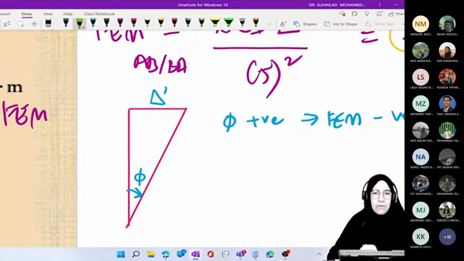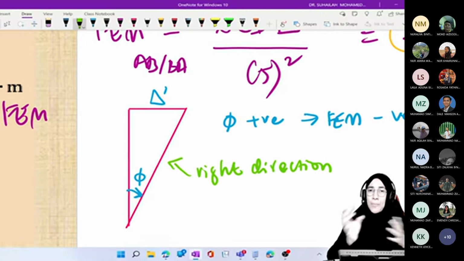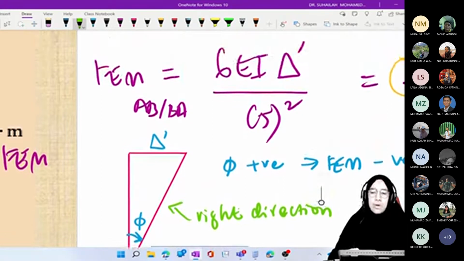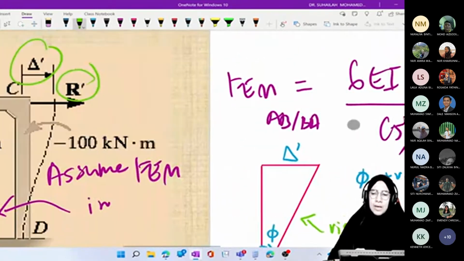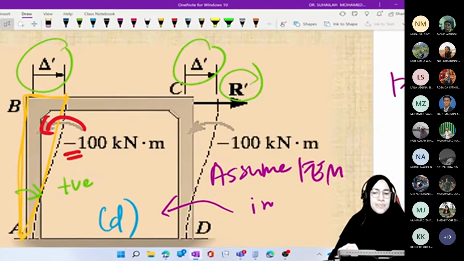The frame tends to sway to the right. If the frame moves in the opposite direction, to the left, FEM will be opposite. That is why nampak kat sini negative 100.